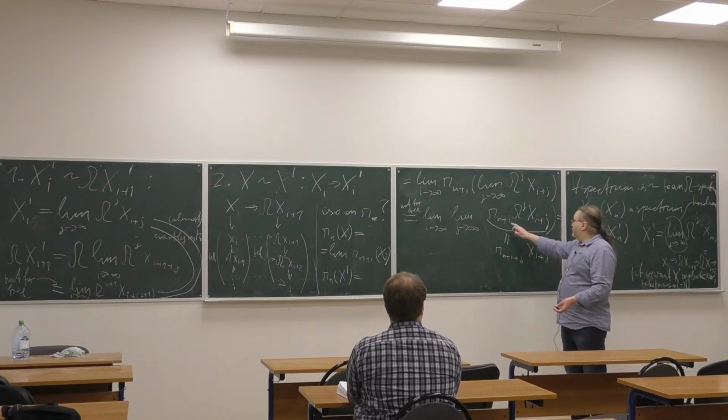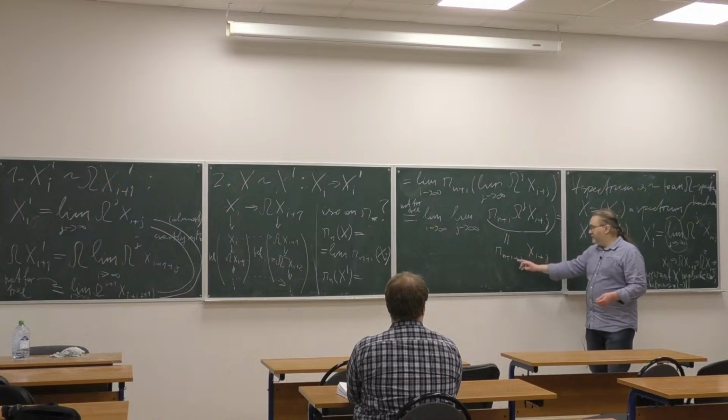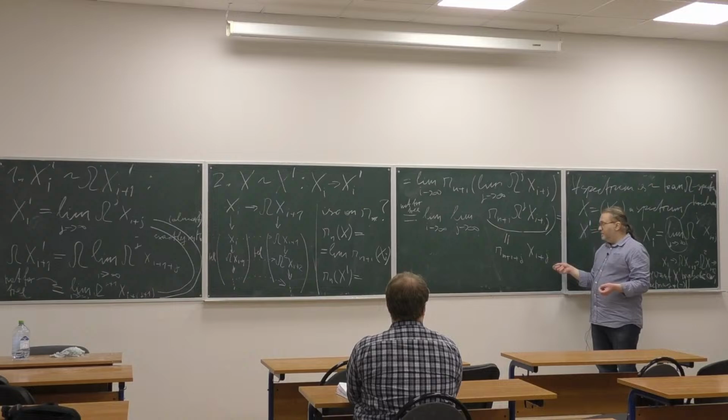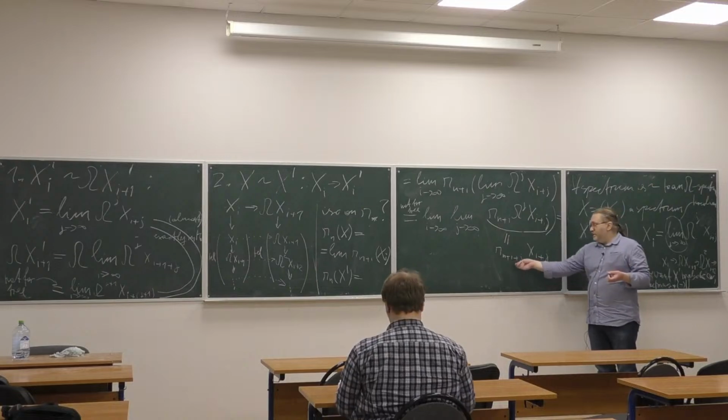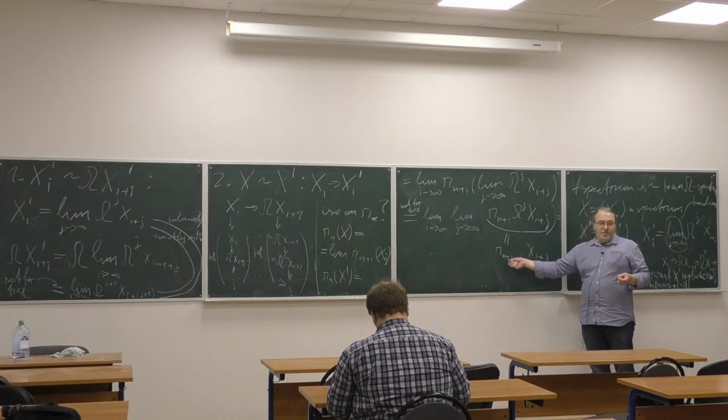What do we get? More precisely, let's look at this expression. Let's fix an i here, and let j go to infinity. Well, it doesn't matter which i we fix. I just get the same result for every i.